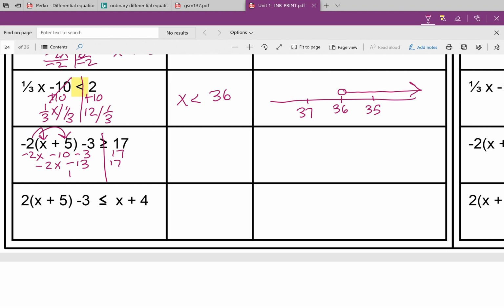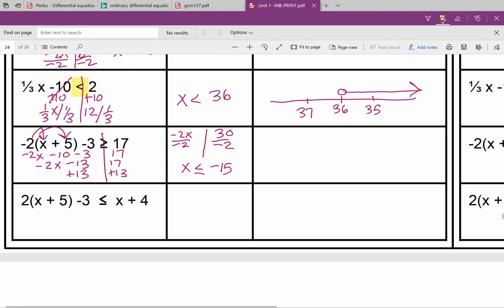Then I need to add 13 to both sides. When I add 13 to the other side, I get 30. So now I'm left with, I'm just going to write it over in this box, -2x, and then on this side I have 30. I'm going to divide by -2. Notice I am dividing by a negative number, so that means my sign will flip. So I'm left with x is less than or equal to -15.